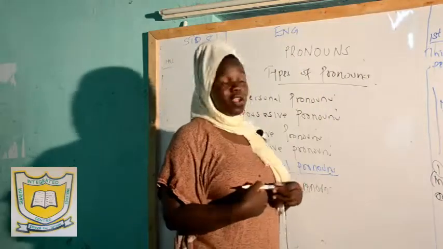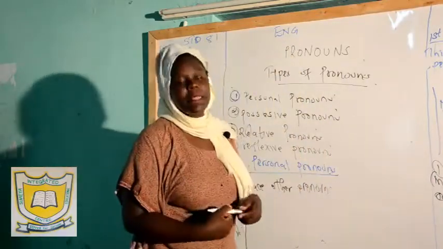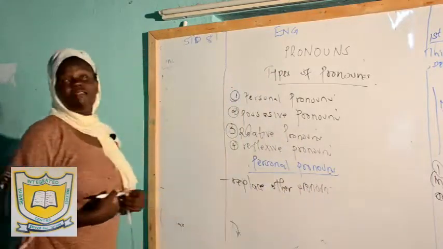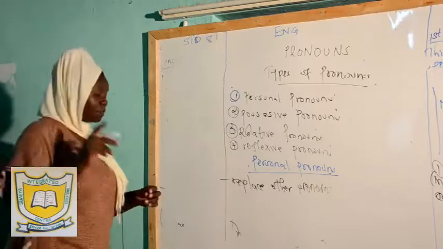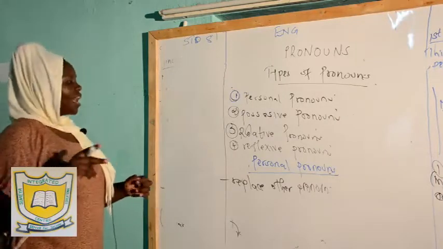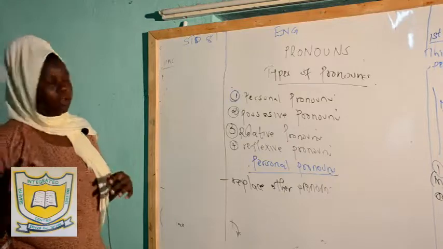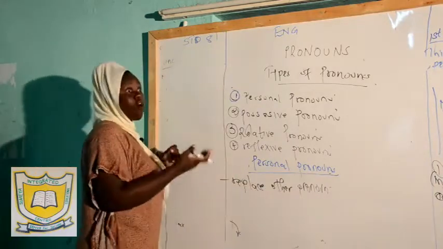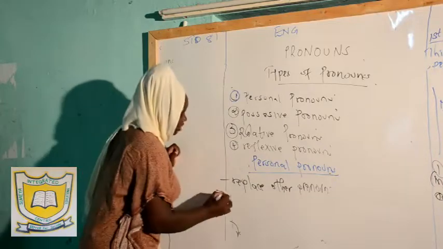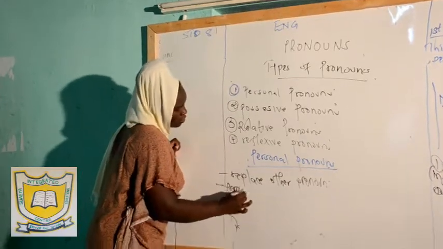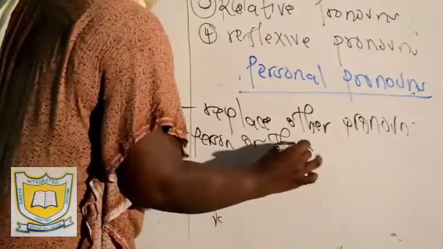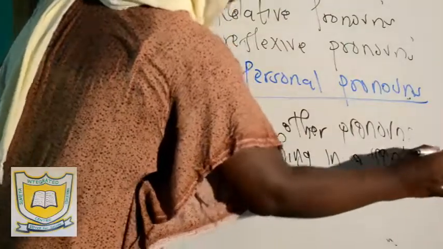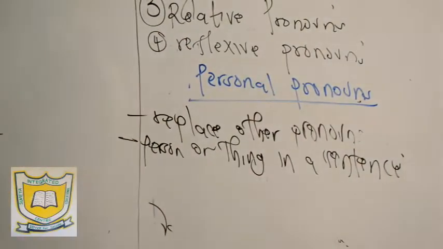It refers to a person or a thing in a sentence. Personal pronouns are doers of the action.